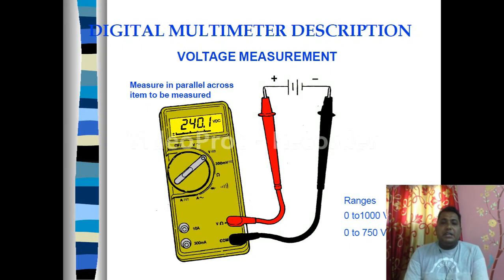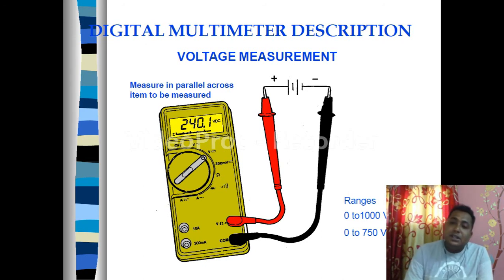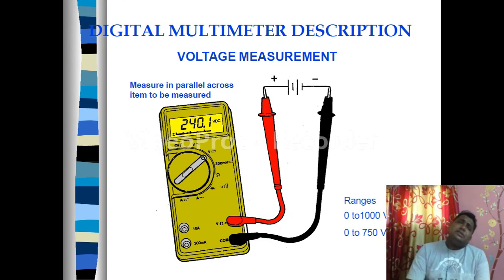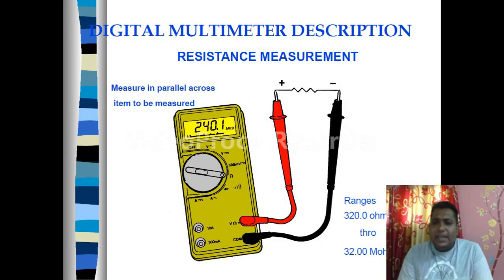Voltage measurement. For DC voltage, the range is up to 1,000 volts, and in case of AC, 0 to 750 volts.